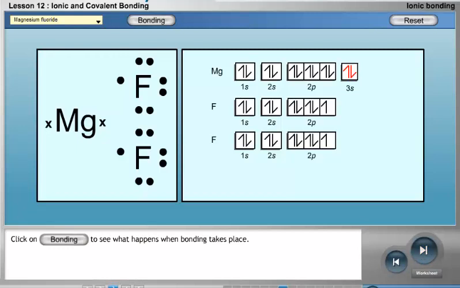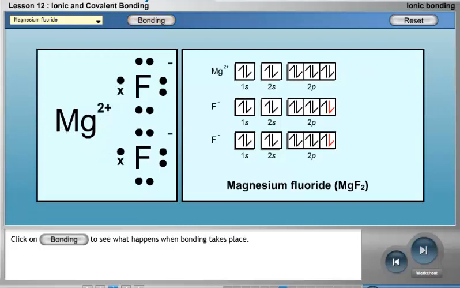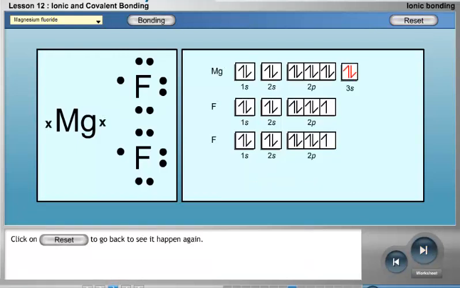Click on bonding to see what happens when bonding takes place. Click on reset to go back to see it happen again. Describe what happens when bonding takes place.